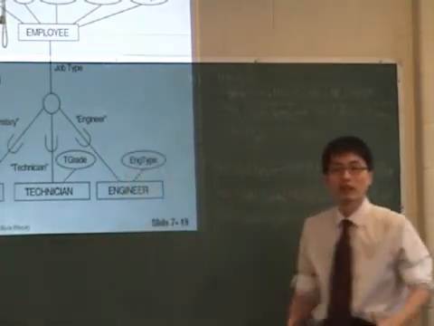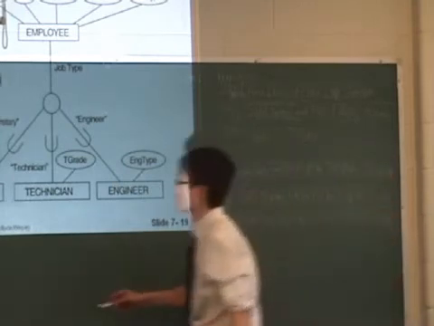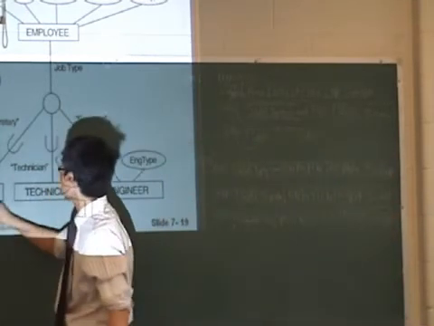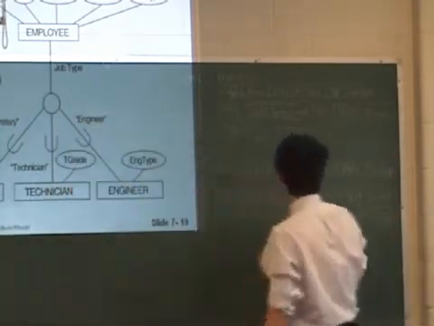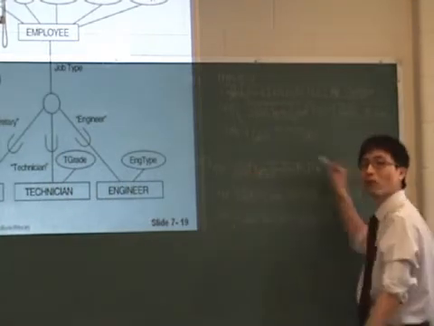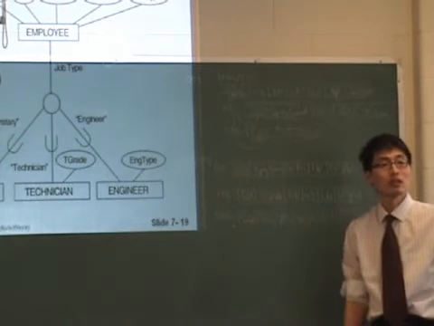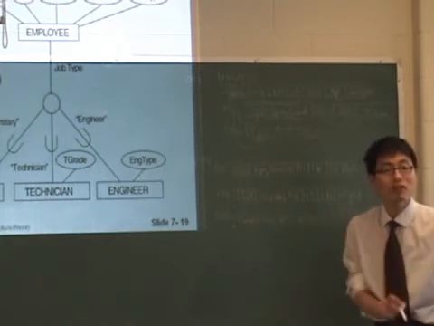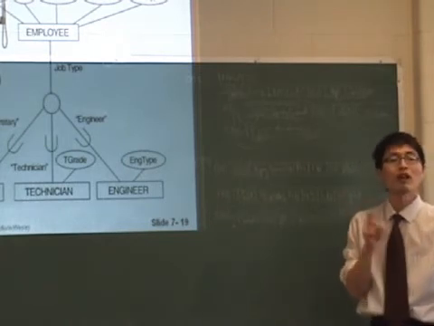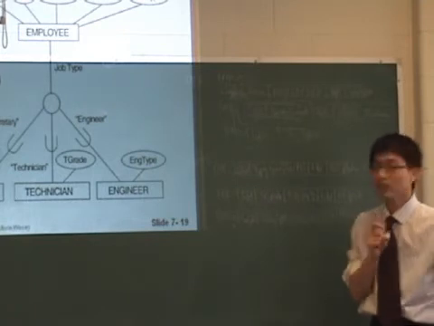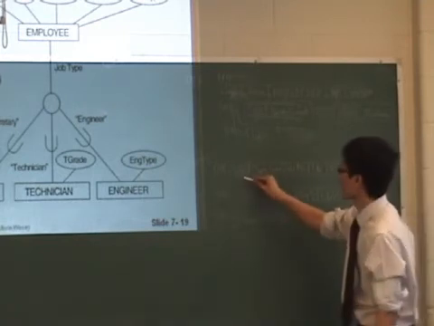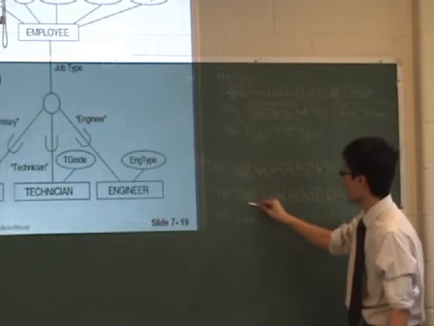For example, this social security number and that social security number, they are separated. They are different. In case Lee is a secretary and Lee is also a technician, you need to create one tuple for secretary and one tuple for technician. It may be possible you lose consistency. Consistency means I'm in here, I'm in technician.